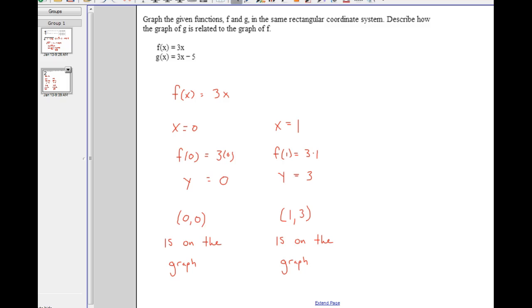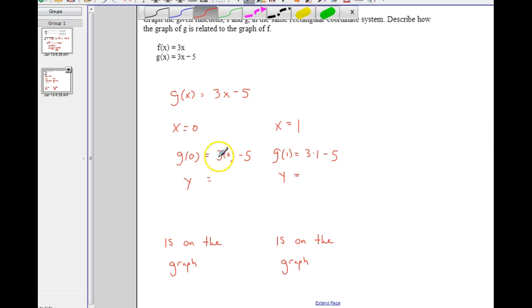And then we do the same thing with 3x minus 5. Now, I'll kind of cheat a little bit. Let me change this from an f to a g. And then g of x equals 3x minus 5, and I'll just subtract 5. So when x is 0, 3 times 0 is 0, minus 5 is negative 5. So instead of 0, 0, now it's 0, negative 5.